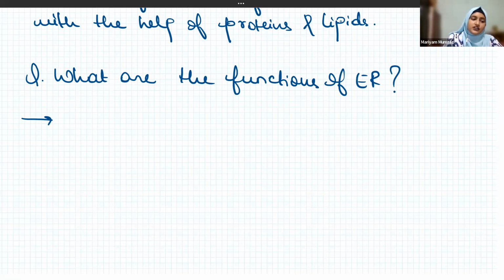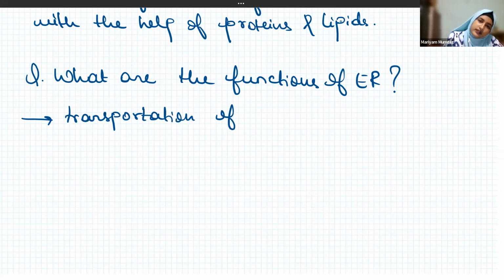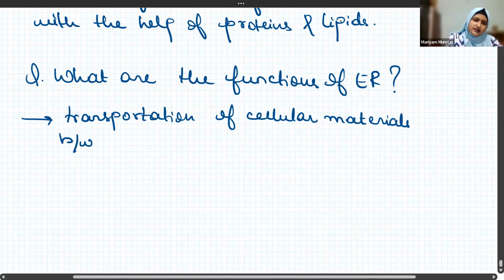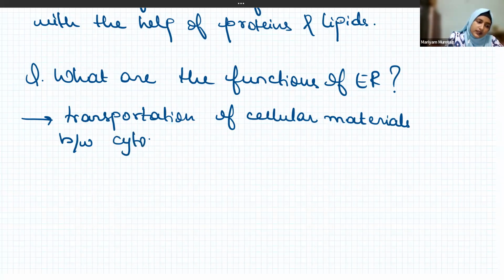Now, the first function is obviously the transportation of cellular materials, and it usually takes place between the cytoplasm and nucleus.